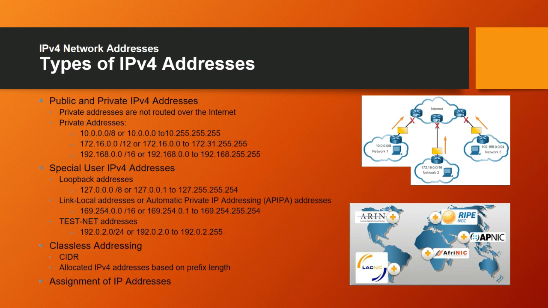Link-local addresses, or Automatic Private IP Addressing (APIPA) addresses, are 169.254.0.0/16, or 169.254.0.1 to 169.254.255.254.